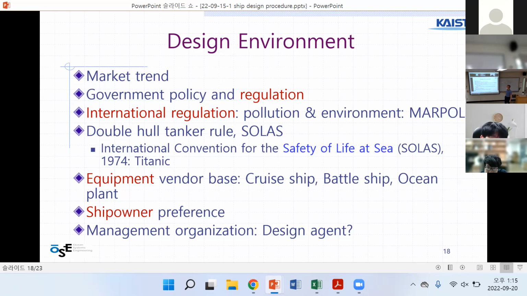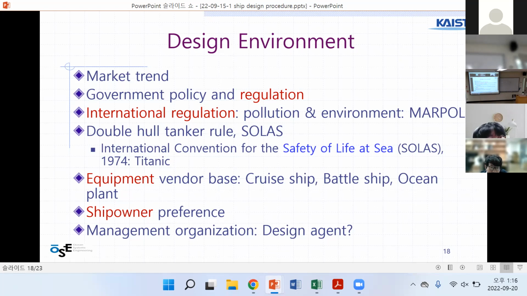Regulation on pollution and environment: MARPOL, chemical rules, SOLAS, which is safety of life at sea. And then of course the equipment vendor base. What it means is that components are equipment. See, this is a handle. The constructor of this building needs to buy this handle from another company. Who makes this one?